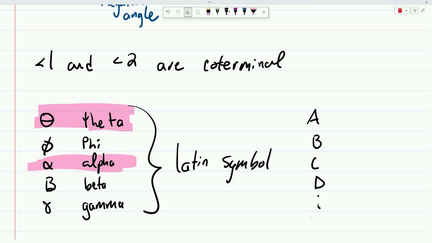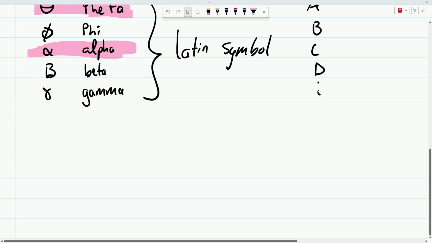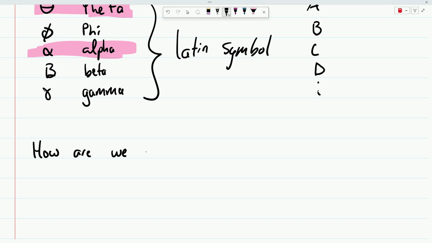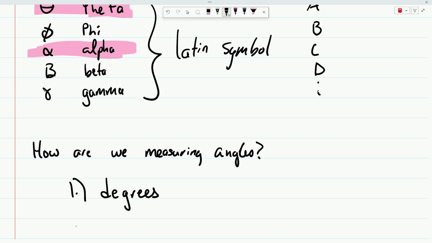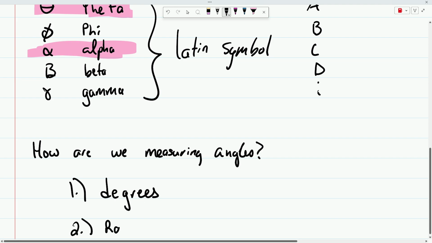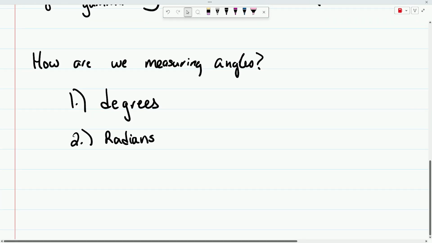Now, the one thing we do have to be concerned with when we're talking about angles is how we are measuring the angles. And what I mean by that is this. We have two ways that we measure angles. The first way is degrees. And then the second way would be radians. Okay?